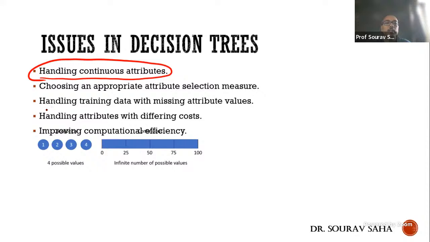Similarly, with data with missing attributes, though the decision tree is robust, if a node found to be significant for splitting has missing values, obviously there is going to be an issue. Then, appropriate attribute selection measure: should I use entropy, the Gini index, or chi-square? There is no direct thumb rule for that.